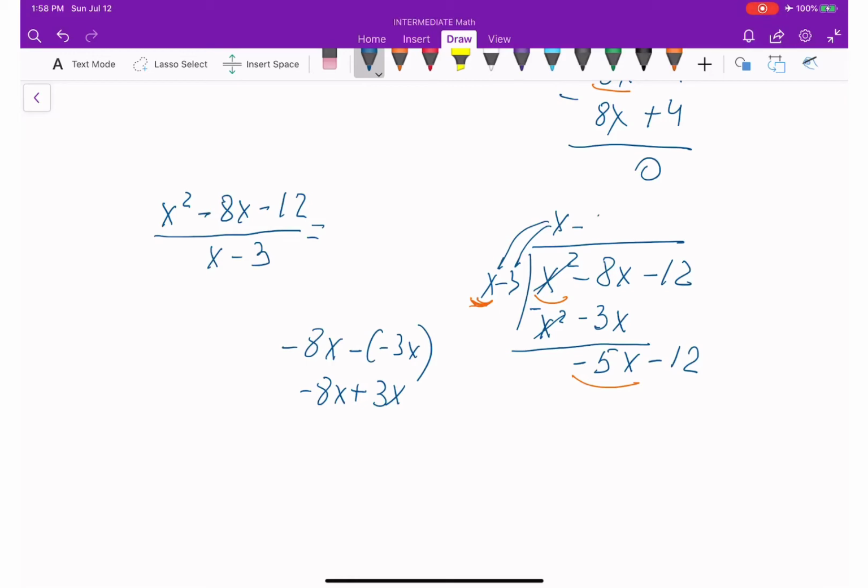Negative 5, right? Whoever is having trouble, you can always take, let's say, negative 5x and divide by x. So x and x is gone, negative 5 left. So negative 5 times x is negative 5x, negative 5 times negative 3 is plus 15. Okay, we got 0. So the answer will be x minus 5.